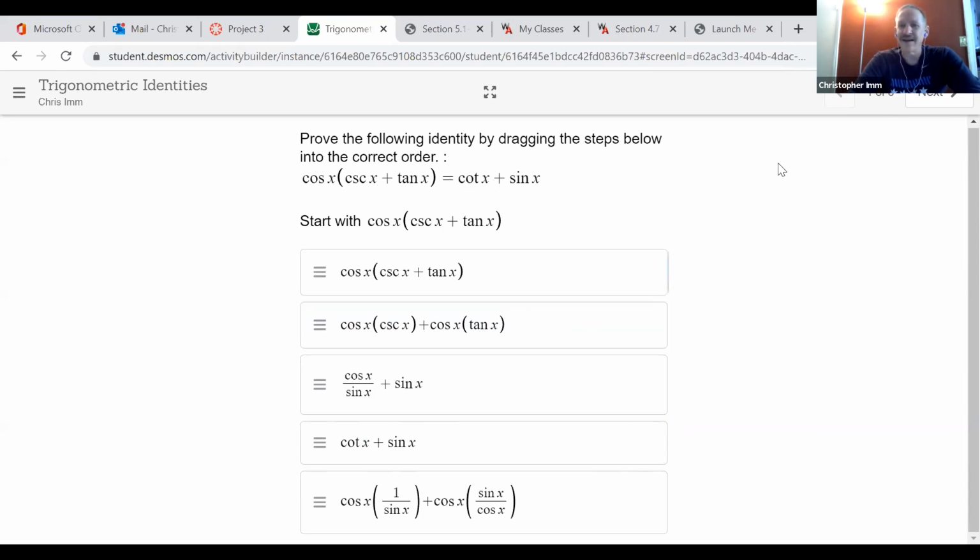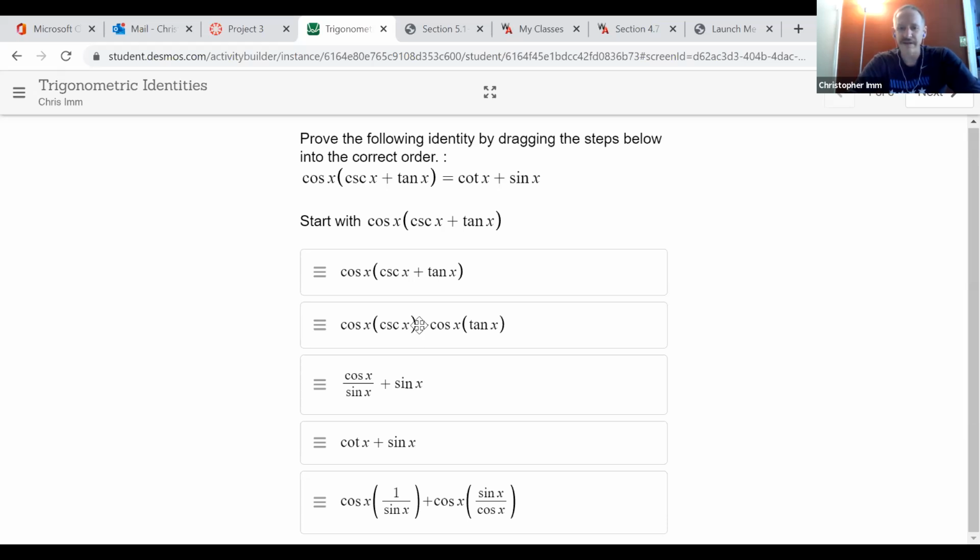Okay, great. So what's another technique we can use at this point to get things on the right track? I think we use ratio identities next. Yeah, we can. If in doubt, it's always a good idea to turn things into cosines and sines.